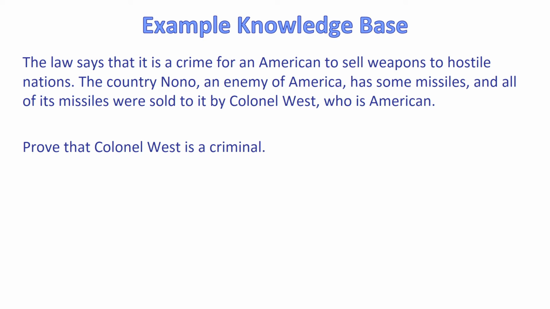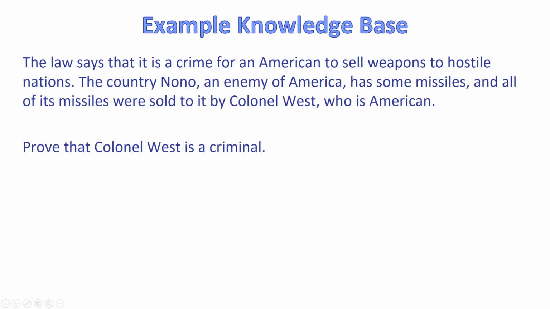So these are actually multiple sentences, multiple facts. We want to convert these facts into first order logic. Why? Because we want to prove that Colonel West is a criminal. So that's the query here, and these are the sentences that comprise the knowledge base.